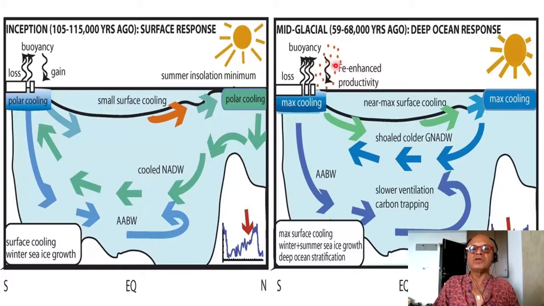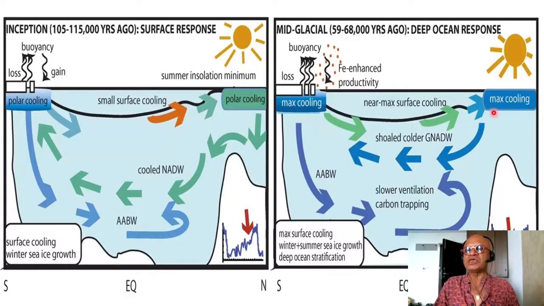So during cold conditions, it's drier overall, reduced rainfall because of cooling. So there is near max surface cooling here, for example, and that leads to more dusty environment, and dust carries iron, and that is expected to enhance phytoplankton production and drawdown of CO2 into the ocean.